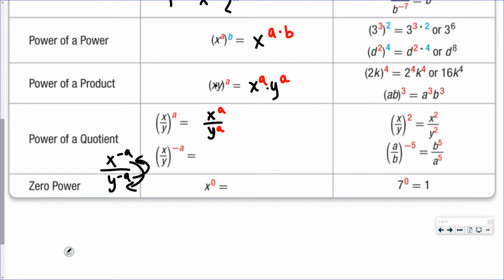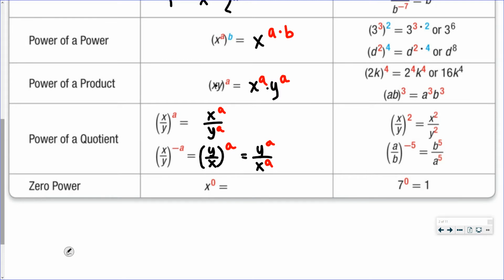Or what you could do is just flip everything and make the exponent positive, and then apply the power to both the top and the bottom, and you agree you would get the same answer as if we were to do it that first way of applying the power first and then fixing the negative exponents. So if you have a fraction raised to a negative exponent, you can just flip it right away and make the exponent positive and then go from there. Sometimes it's easier to do that. Sometimes it's not. It just depends on the problem.